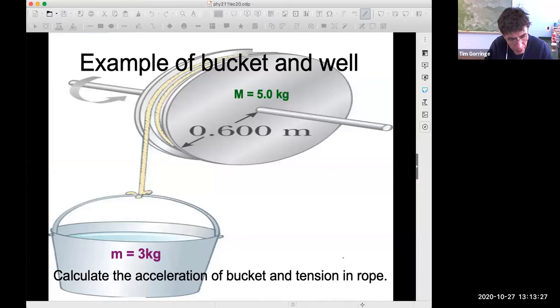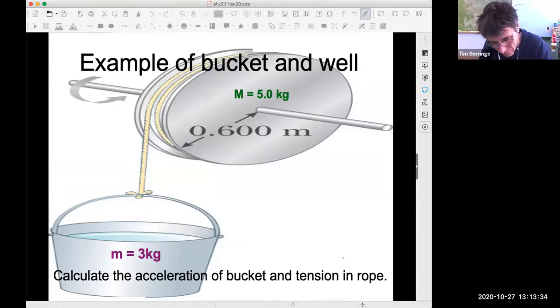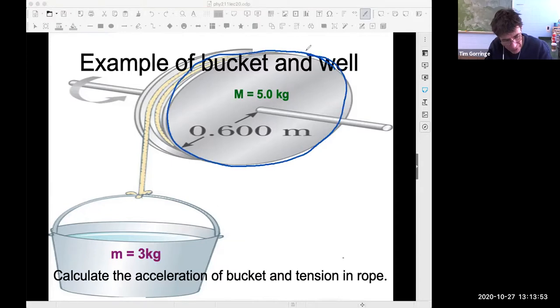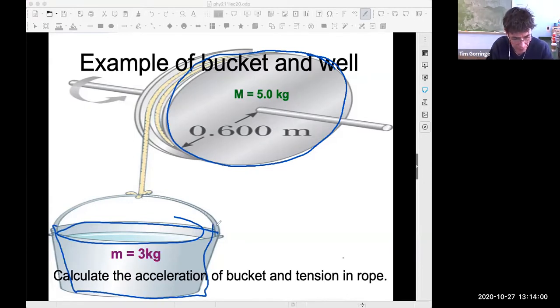So in this problem, let me get the pen going. In this problem, we've got a bucket that's going to get lowered down a well. And so the arrangement involves this pulley up on the right here, and this bucket down on the bottom left here.